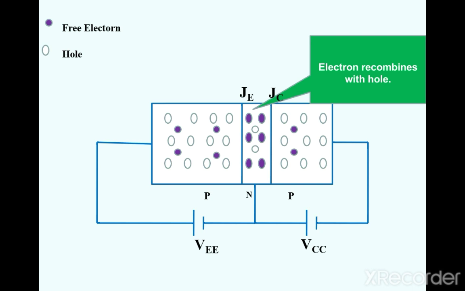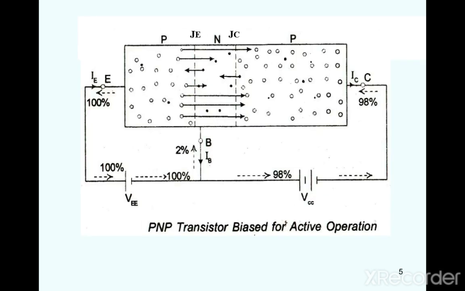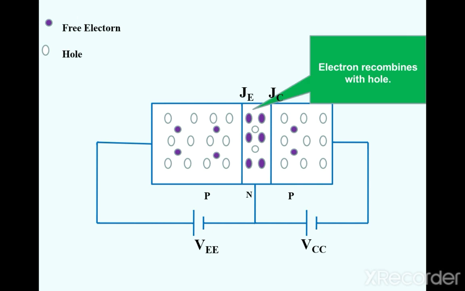Due to the repulsive force, the hole moves from P to N and the electron moves from N to P. In this way, the electron recombines with the hole.